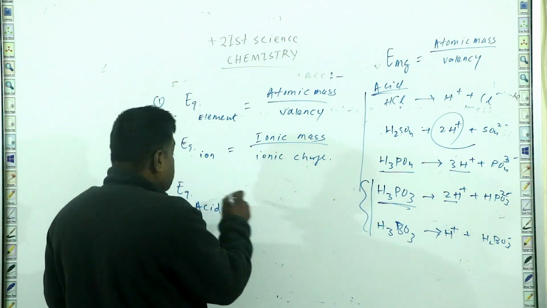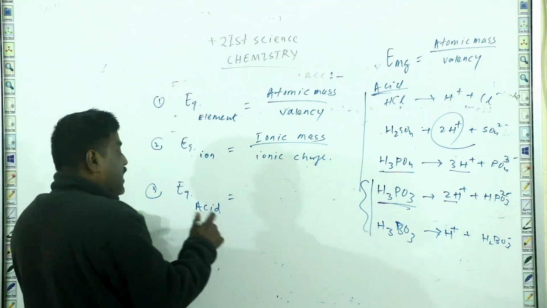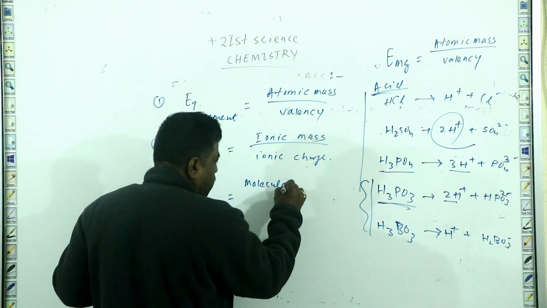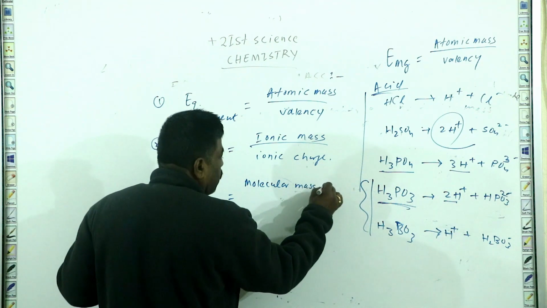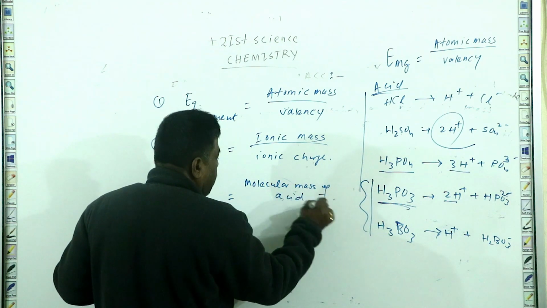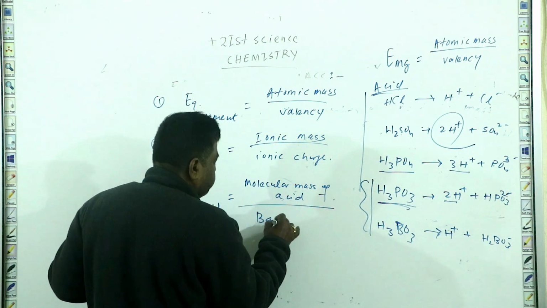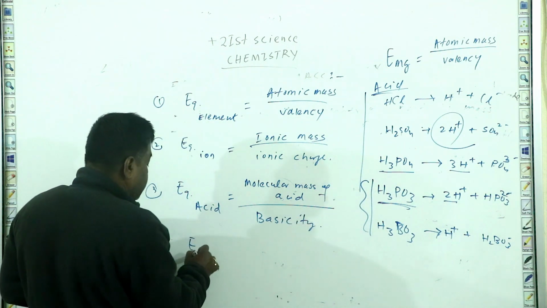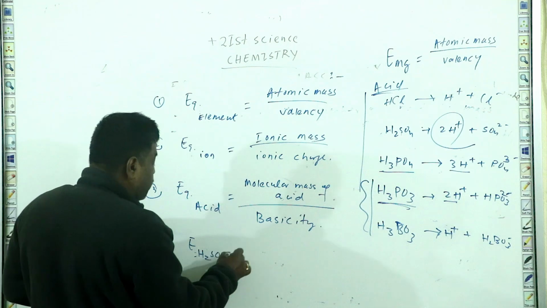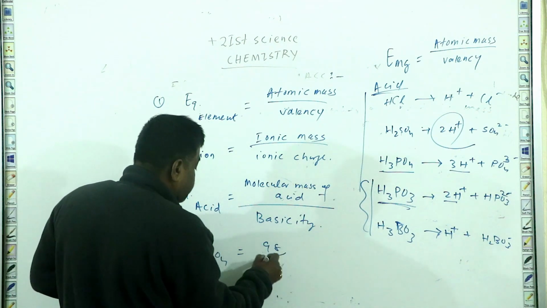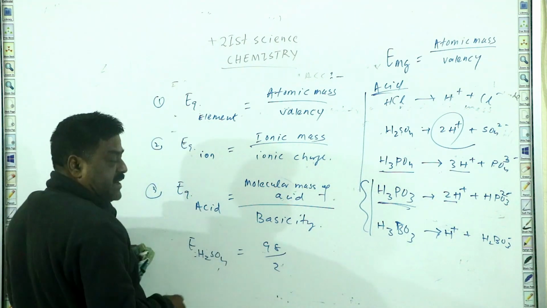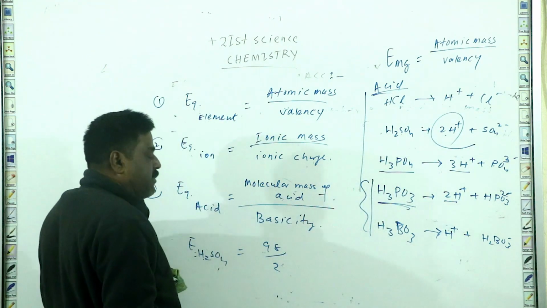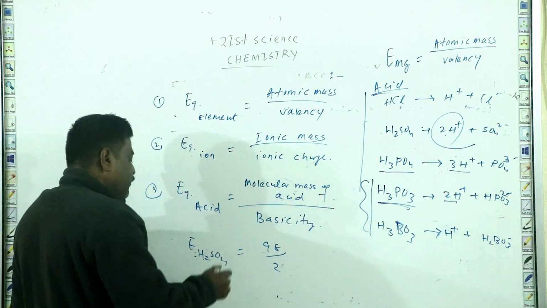Then the equivalent mass of an acid is calculated like this: the molecular mass of the acid by basicity. If I talk about the equivalent mass of sulfuric acid, the molecular mass is 98 and the basicity is 2, since 2 H plus ions can be given by 1 molecule of H2SO4 in the solution.